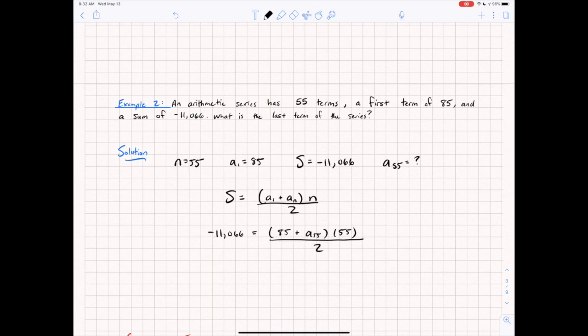And now I can solve for the missing term here. I can multiply by 2 to get negative 22,132. This is equal to 85 plus that 55th term times 55.